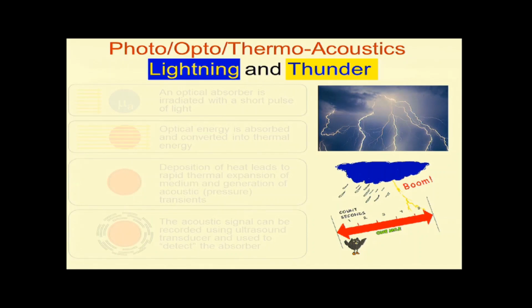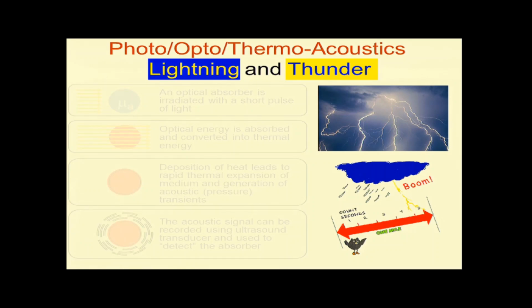Now, if you're going to leave in the next 5 minutes and not listen to the rest of my talk, at least remember one thing: photoacoustic imaging, which is also optoacoustic or thermoacoustic imaging. The simplest way to think about it is lightning and thunder. There's nothing more to it. We have a lightning bolt, which is a form of electromagnetic energy.